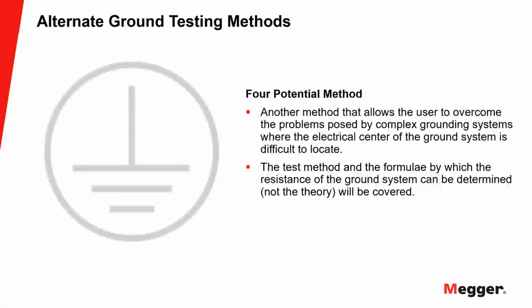And so that takes us to our fifth and final method, the fourth one that uses math and software, the four potential method. And this one is particularly good for, again, areas where you have a large grid and especially a diffuse kind of pattern to the grid, and you don't know where the electrical center is. And so it's a way of dealing with the electrical center. Next.